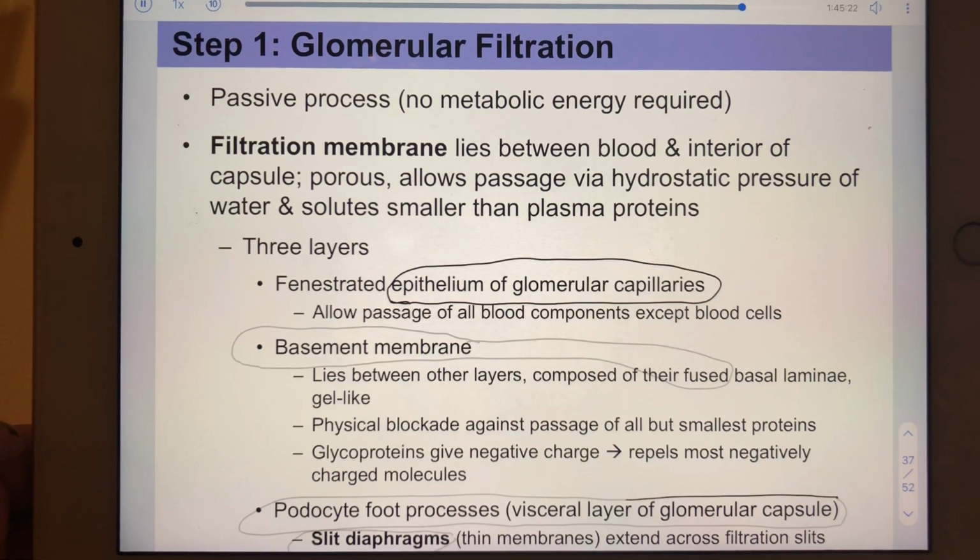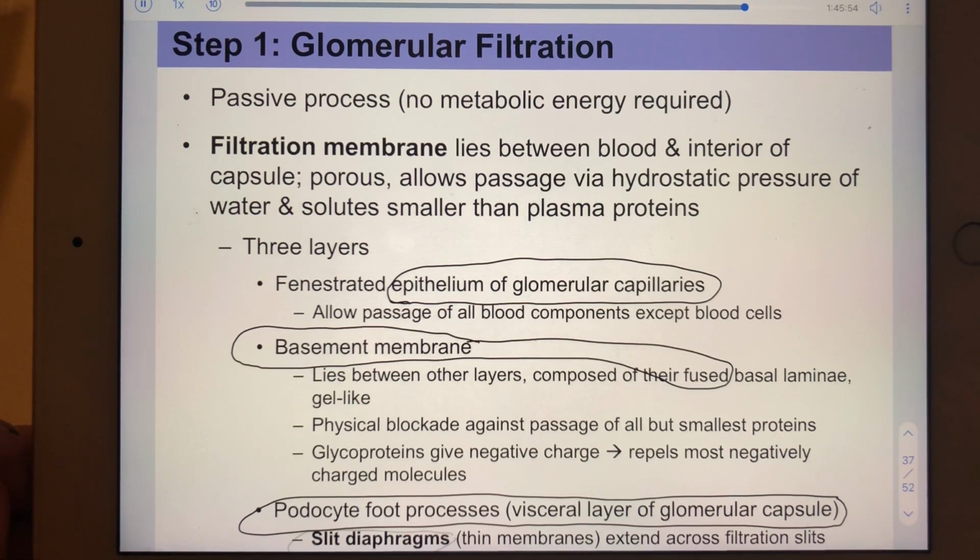Our podocyte foot processes, aka the visceral layer of the Bowman's capsule, okay? And the scant basement membrane, or really basement membranes, that are fused together.